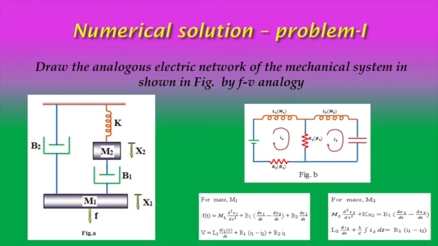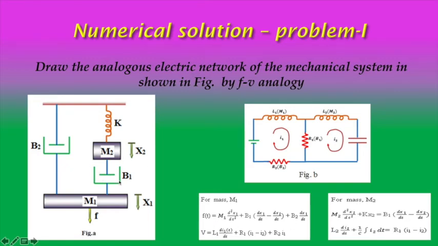Numerical problem: draw the analogous electrical network of the mechanical system shown in the figure using the force-voltage analogy. Here the mechanical system is given, with masses M1 and M2. For mass 1, write down this equation.